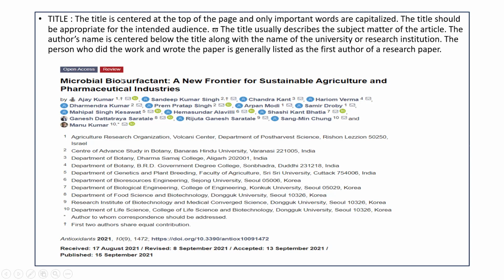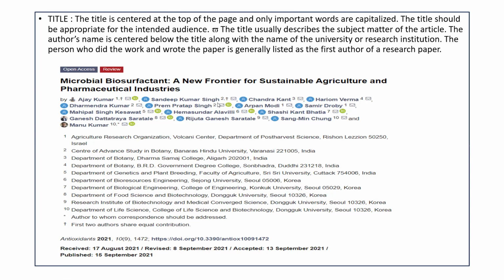Now, after this title, you can see the names of the authors, and they are arranged in the way they worked. So Ajay Kumar is the one who actually did the whole work regarding that review. This is actually a review article, so the main part of collecting the data and writing the review is done by Ajay Kumar. After that, it is Sandeep Kumar who must have helped Ajay Kumar, then Chandrakant, then Verma, then Kumar.